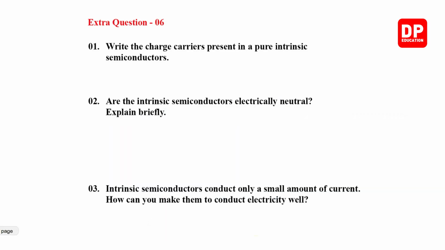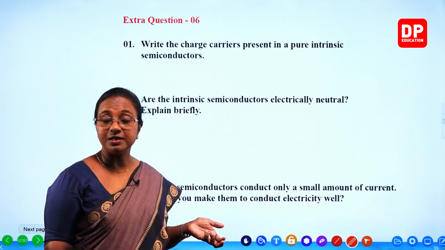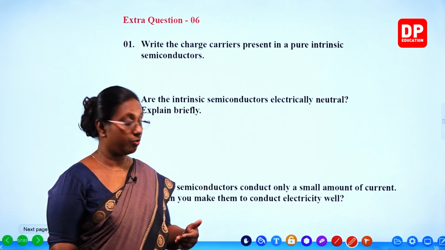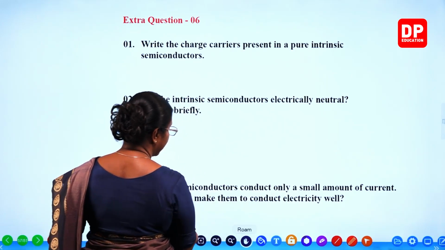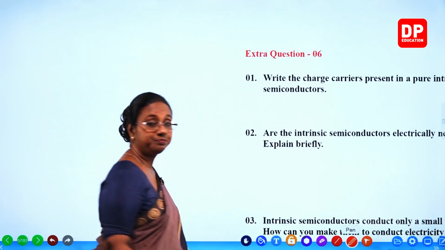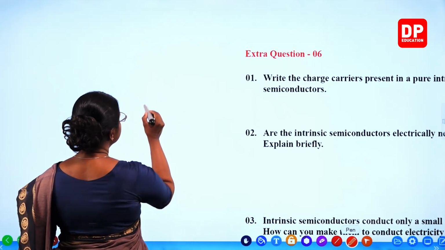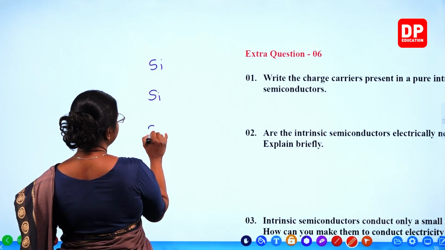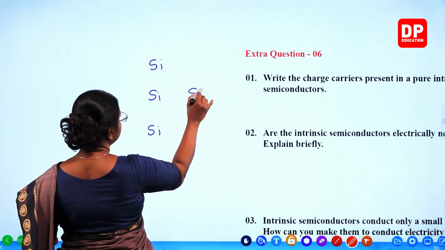So here we have extra question 6. Write the charge carriers present in a pure intrinsic semiconductor. In a pure intrinsic semiconductor, there are both electrons and holes. Why? How does that happen? You can remember, students, we drew the silicon lattice there when it is at higher temperature. More than 0 Kelvin, what happens?